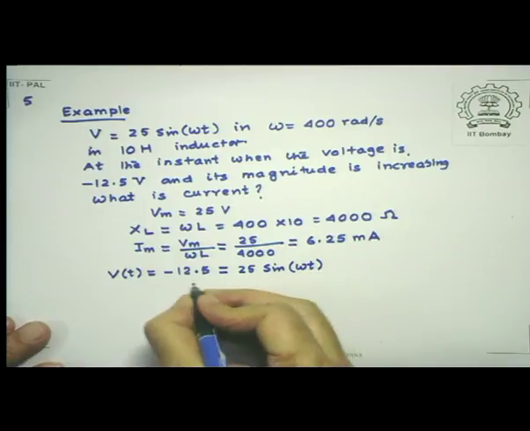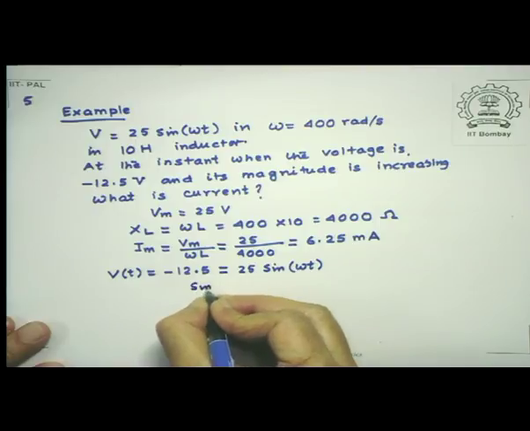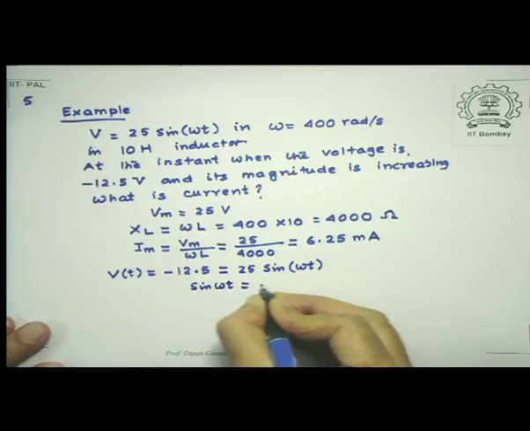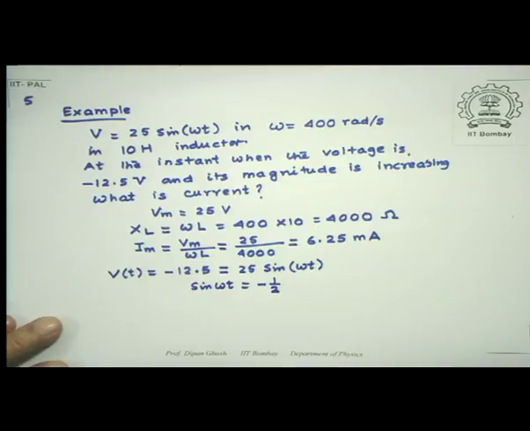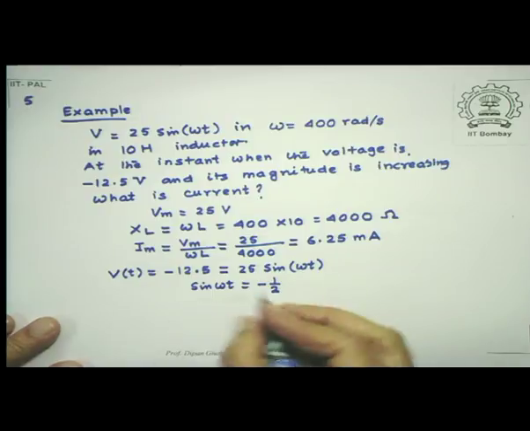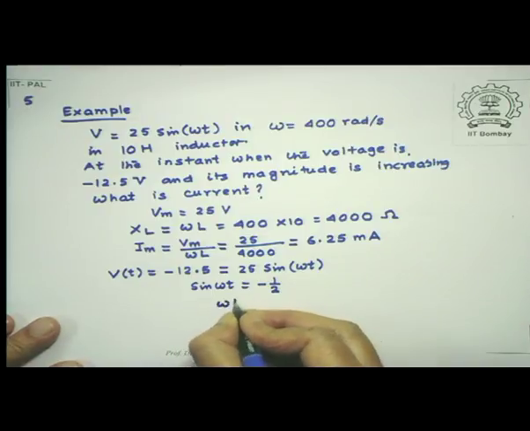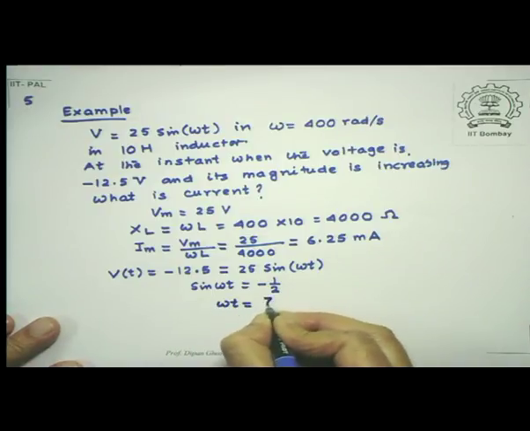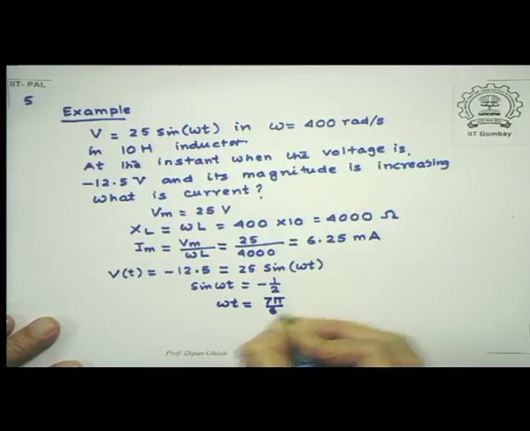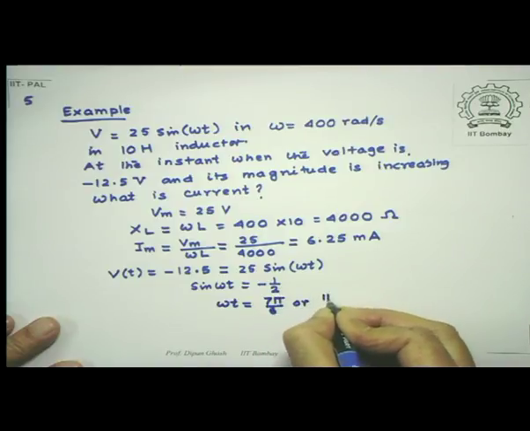So that tells me that sine omega t is minus a half, minus 12.5 divided by 25, it's equal to minus half. Now my angle omega t varies from 0 to 2 pi. So I know that the sine function becomes negative in third and the fourth quadrant. So my solution for omega t then happens to be either 7 pi by 6 or 11 pi by 6.